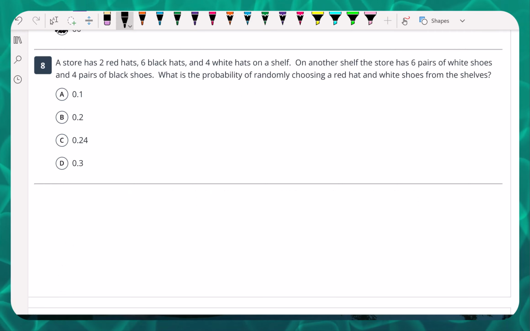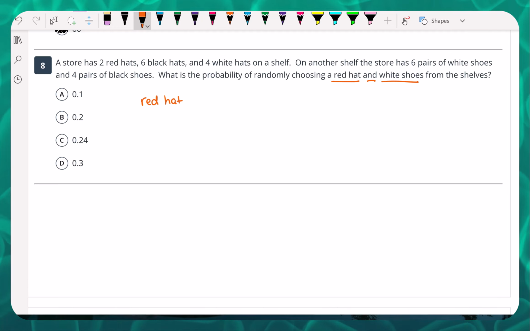Okay, so in my opinion, I think question 8 is one of the more difficult questions on your review. What you need to do is consider the fact that you are having two events. You're trying to figure out the probability of choosing a red hat and white shoes. So what is the probability of choosing a red hat? Well, you got to think, you have 2 red hats out of a total of, so that's 2 plus 6 plus 4, is going to be 12 hats.